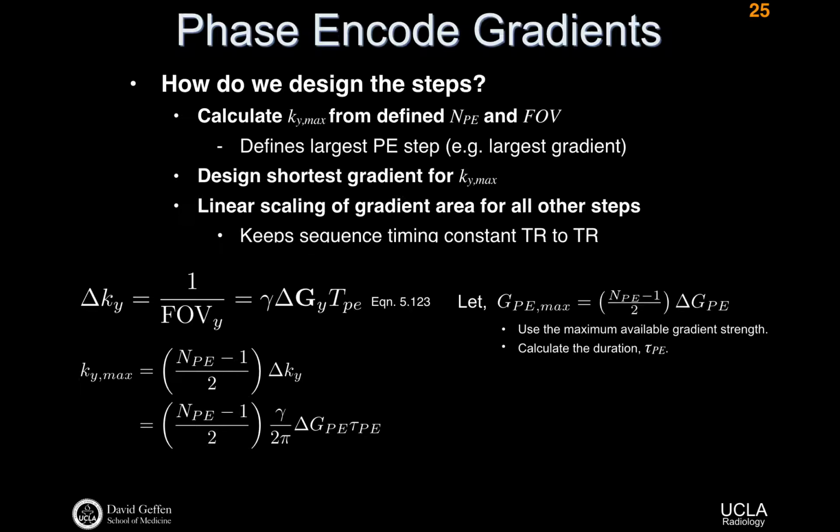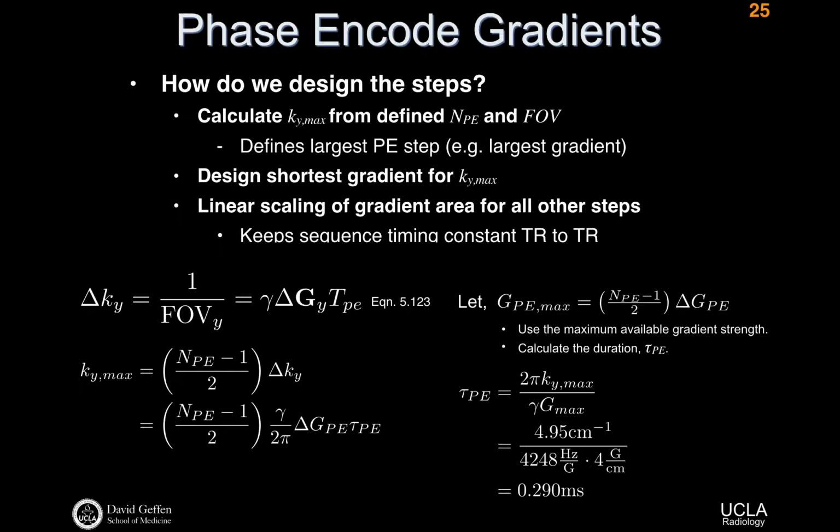Ideally, when you go out to that maximum ky phase encode step, you want to use the maximum gradient amplitude. And so you just let the total number of steps times the step size be equal to your maximum. You might as well use your maximum possible gradient amplitude, because that'll let you phase encode for the shortest duration that you possibly need to.